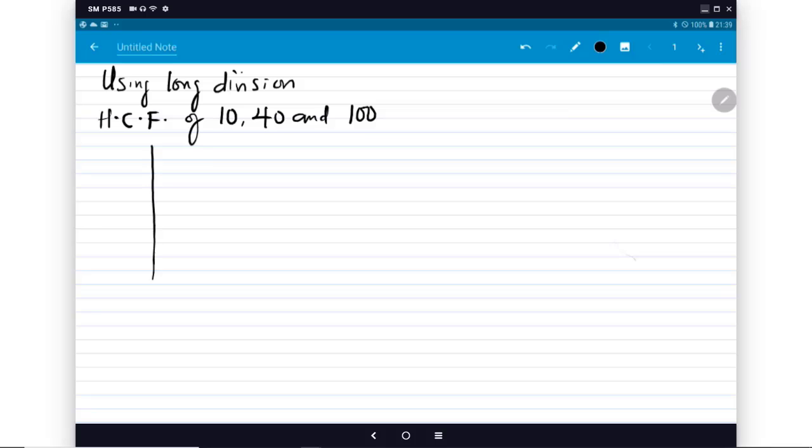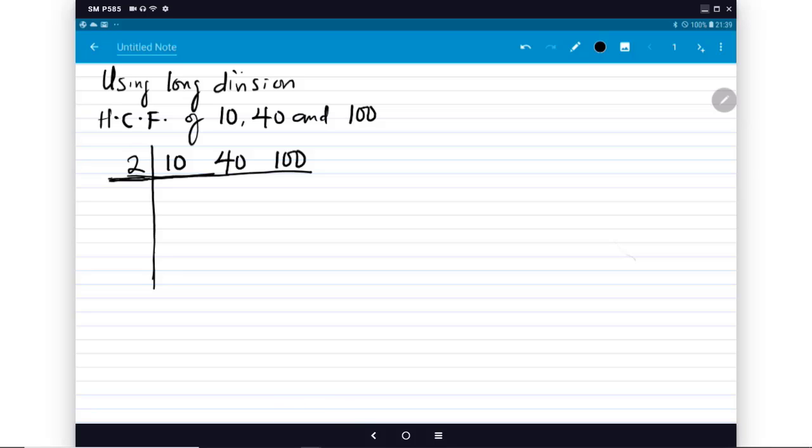All you have to do is just make a table like this, and we have 10, 40, 100, and now we divide by a common factor, that is a number that you know will divide all these three numbers at a go, and the least is 2. If you have a bigger number you can pick, you can do that just to save your time.